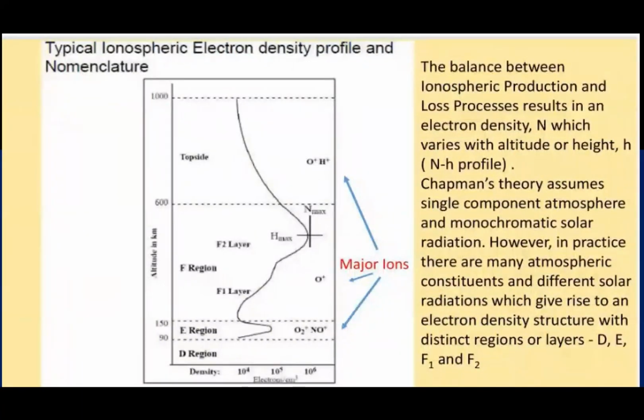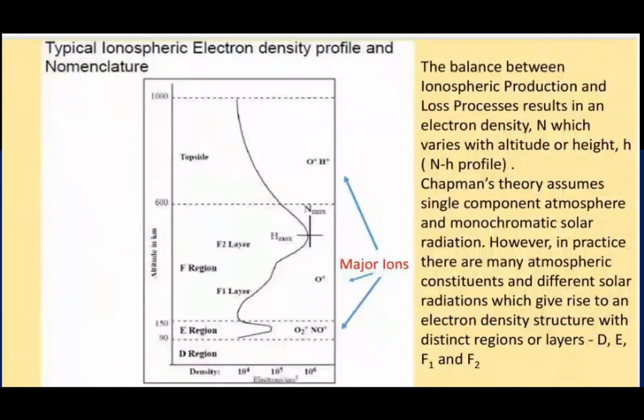But we also know that Chapman's theory assumes single component atmosphere and monochromatic solar radiation. However, in practice, there are many atmospheric constituents, as we saw yesterday, atomic oxygen, nitrogen, etc. There are also different solar radiations in the different wavelength regions of the electromagnetic spectrum coming from the sun.